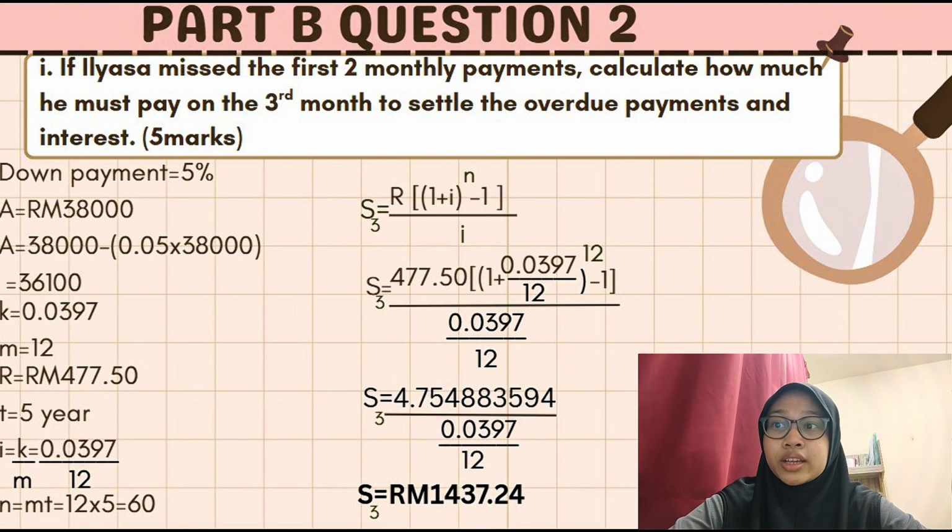And then the bracket evaluates to 4.7548835594. Okay, and then we divide this by 0.0397 divided by 12. And then we got the answer, which is Ilyasa must pay 1,437.24 in the third month.